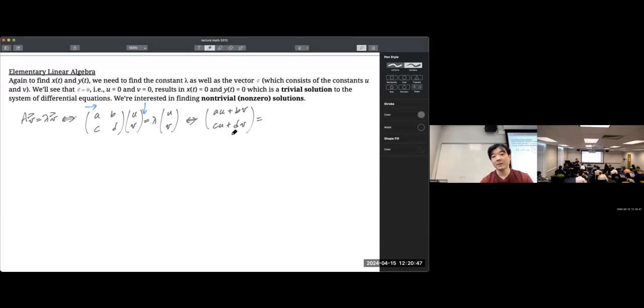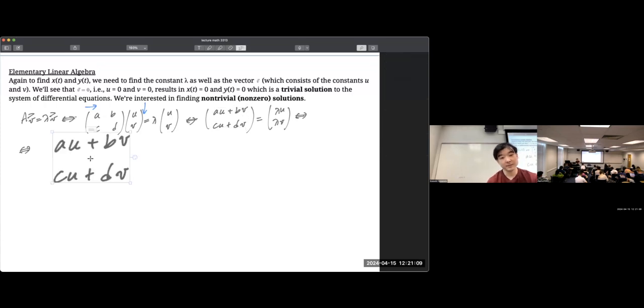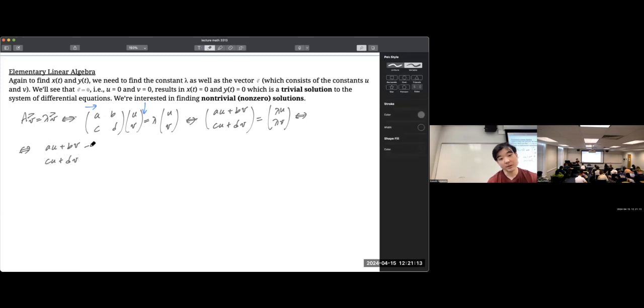And then the lambda just gets multiplied to each of these, so it's lambda U, lambda V. Let's unwrap this. This system of equations is equal to lambda U, lambda V.